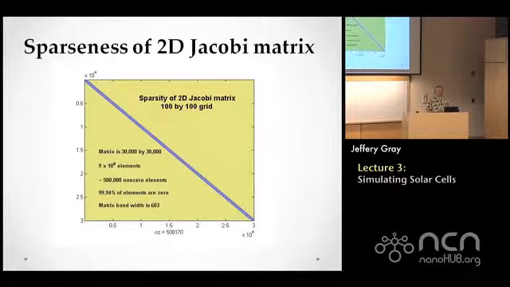In 2D, an even bigger equation, let's suppose that you had a 100 by 100 mesh, times 3 equations per mesh point, that's 30,000 by 30,000, so that's 9 times 10 to the 8 elements. 500,000 of them are non-zero, but that's still a small fraction of 1%, so it's a sparse matrix.